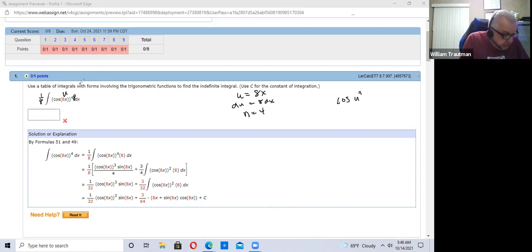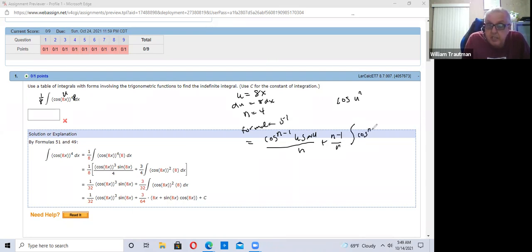So if you look at formula 51, our cosine n u du changes to cosine n minus 1 u sine u over n plus n minus 1 over n integrating cosine n minus 2 u du.